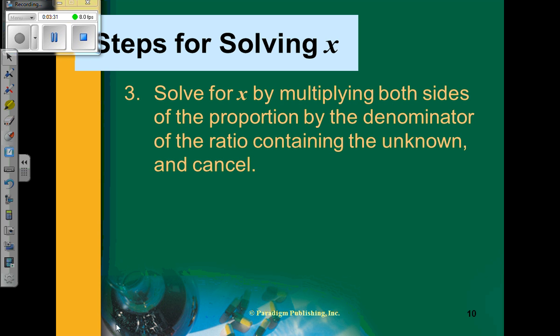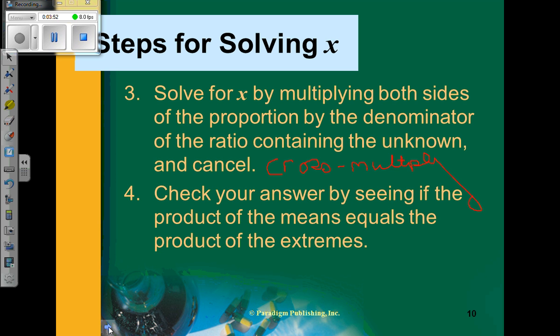Then you solve for x by multiplying both sides of the proportion by the denominator of the ratio containing the unknown and canceling. That is the way they like to do it, but I like to do cross multiplication, so I'm just going to put cross multiply. Then check your answer by seeing if the product of the means equals the product of the extremes.